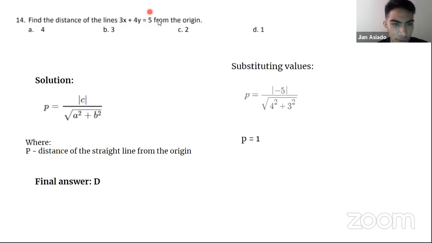Actually, this is lines eh. Line siya, kasi dalawa yung variable niya. So x and y. So it's a set of lines, no, from the origin. So ito it's really a formula. Mayroon din more general formula dito, but yung nilagay ko na lang is just the easier one. So kailangan yung value ng A mo is 3, and yung value ng B mo is 4, and yung value ng C mo is negative 5.